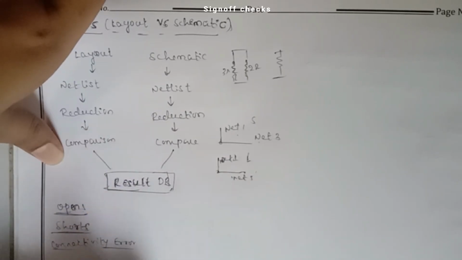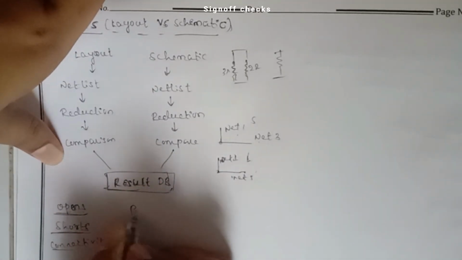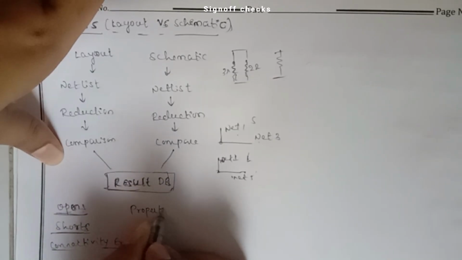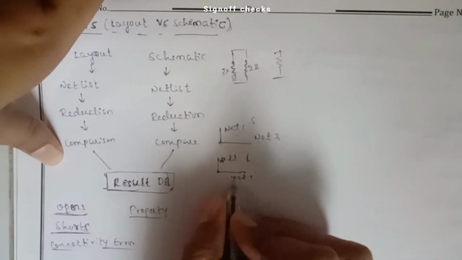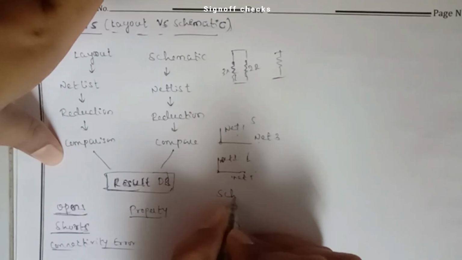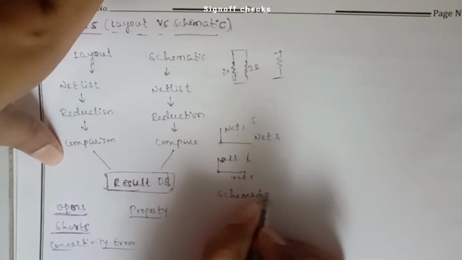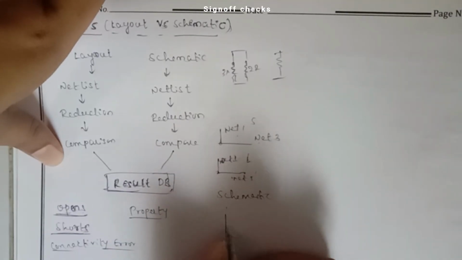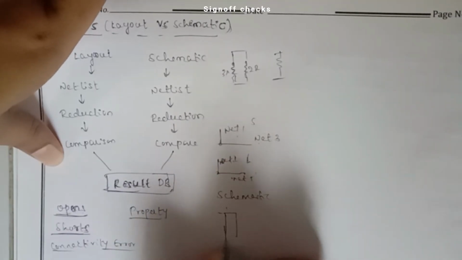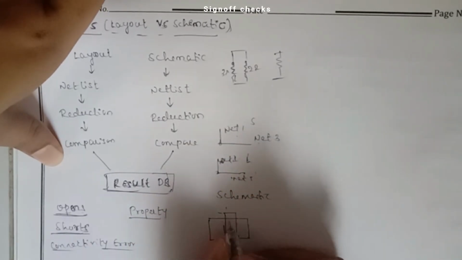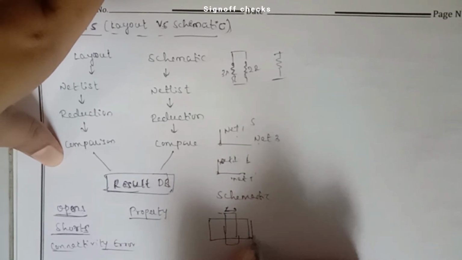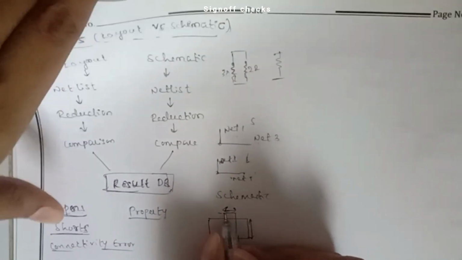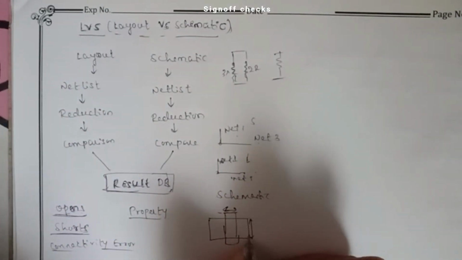And property error. Property error occurs if the schematic has a transistor with a channel length and width, say 40 nanometer length and 5.5 micron width.